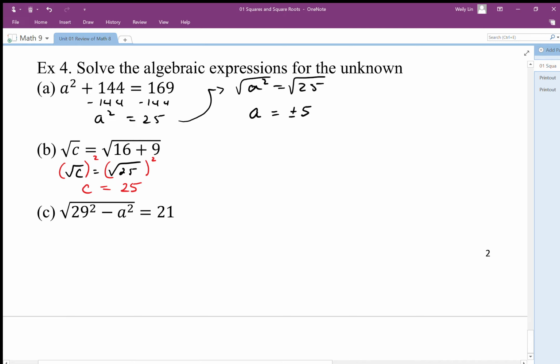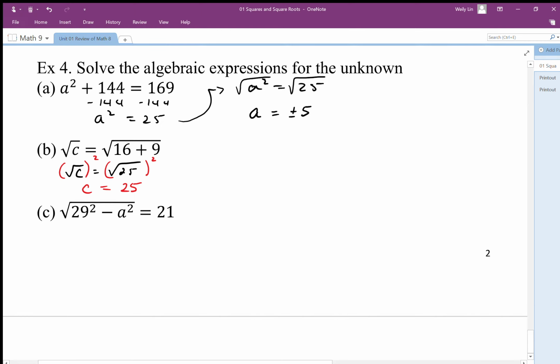It's important that we don't square the inside. We're using the square to undo the square root. Same thing here. Notice that the black square root and the red square are opposites, and they undo each other, and we're just left with the inside equaling the inside, which is what we should expect.